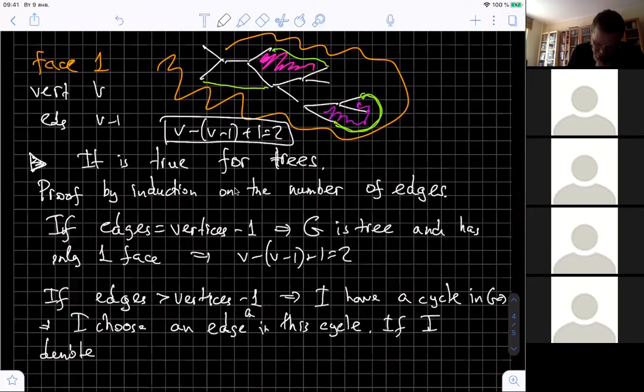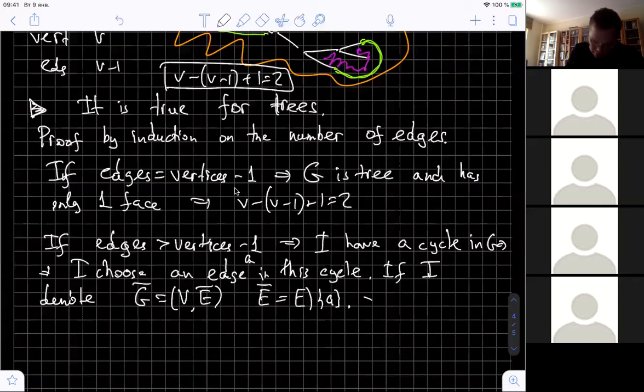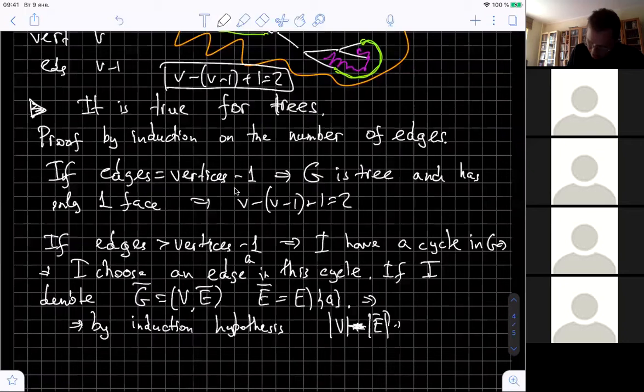If I denote by G tilde the new graph where I just forget about this edge, then by induction hypothesis the number of vertices minus the number of edges plus the number of faces is equal to 2. And then when I draw this edge back, I will have one new face.